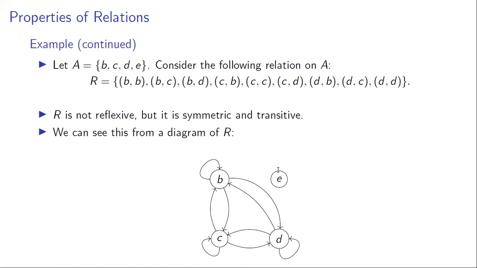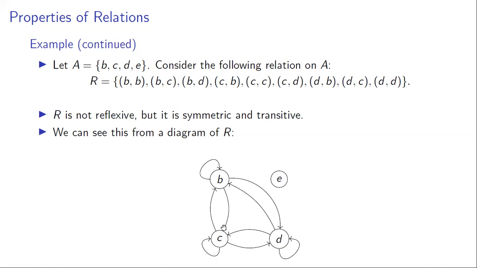How about symmetric? What would symmetric say in this diagram? In a diagram, symmetric is represented by the fact that whenever there is an arrow from one thing to another, there is an arrow going back. For example, there's an arrow from C to B, and there's an arrow going back. There's an arrow from C to D, and there's an arrow going back. There is an arrow from D to B, and there's an arrow going back from B to D. We can see this is true for any combination of nodes.